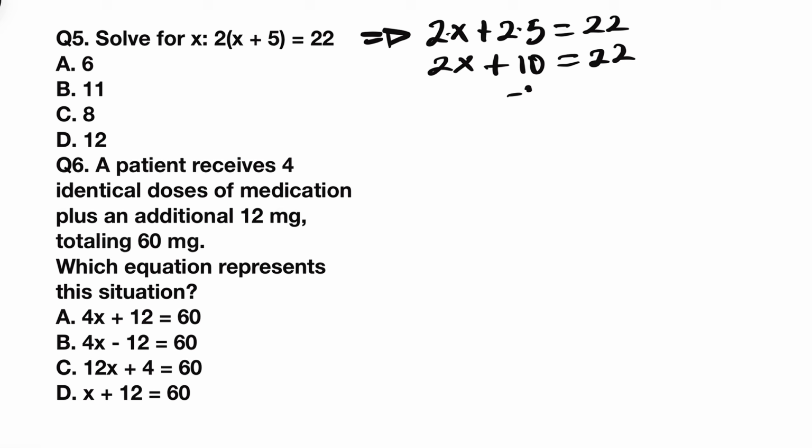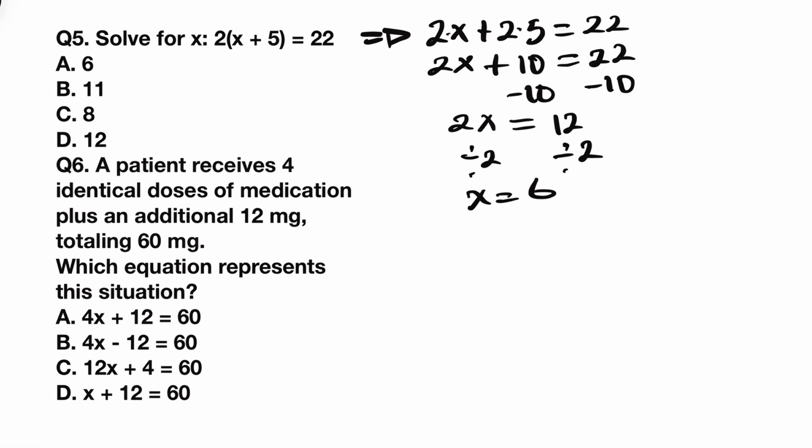So we subtract 10 from both sides of the equation, and we are left with 2x is equal to 12. So we divide both sides by 2, which is the inverse of the multiplication. Therefore x is equal to 6. And the answer is A, right?